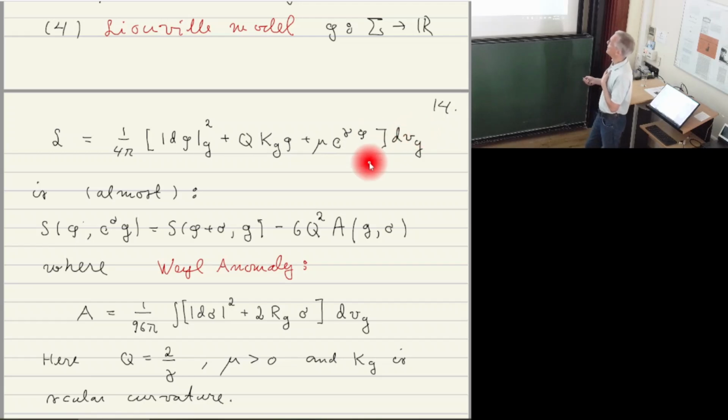But then you do this funny thing that you also add a linear term in phi. And then this thing is almost Weyl invariant, provided you choose these parameters. There's a parameter Q here and another here. The mu plays no role in what I'm talking about. So the Q and the gamma are the ones, if you tie them together with this formula, and Q is 2 over gamma, then this action functional is almost Weyl invariant.